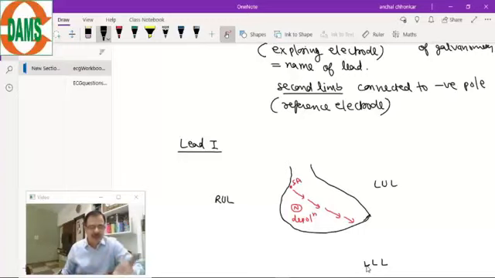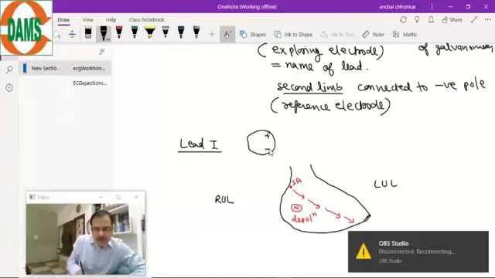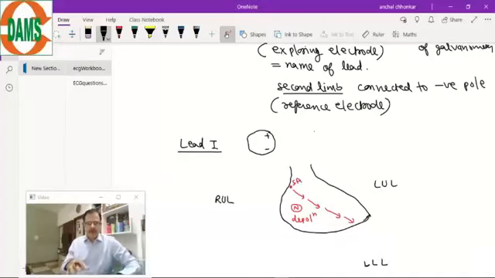It is connected to earth, or you can say it is a neutral one. So only three limbs are used for making the connections. So this is the galvanometer here. Positive pole, negative pole. All right. So hopefully you have made this diagram.